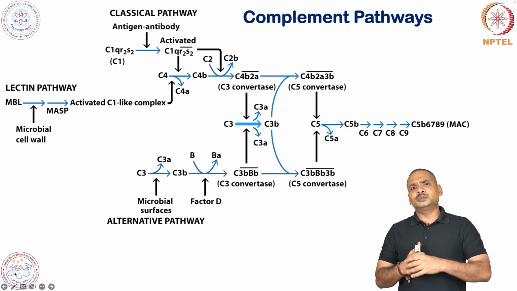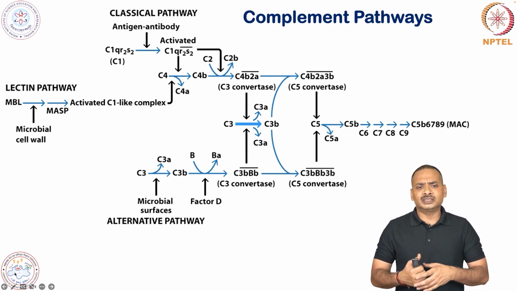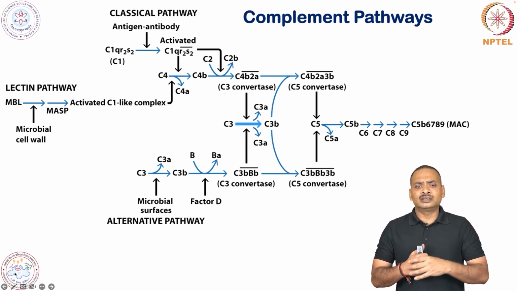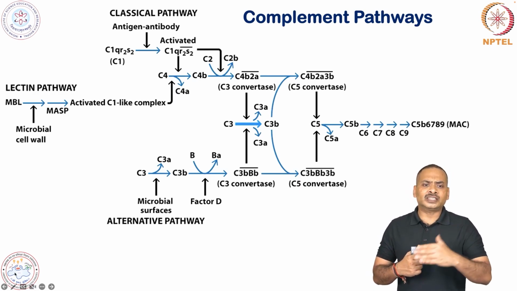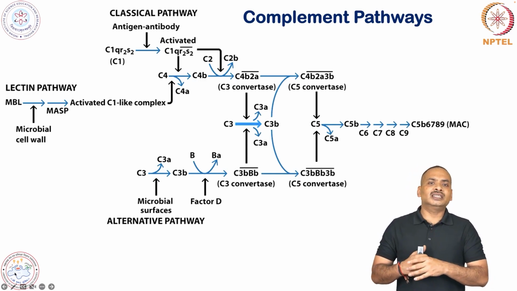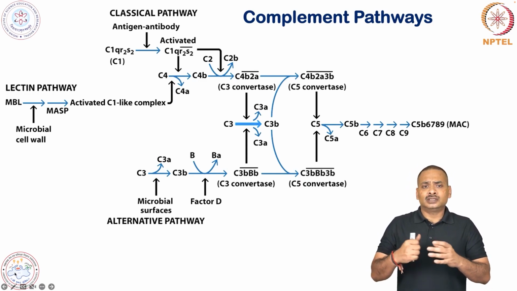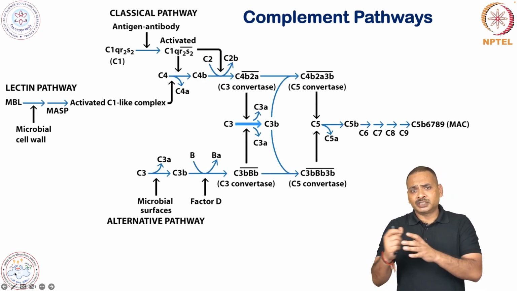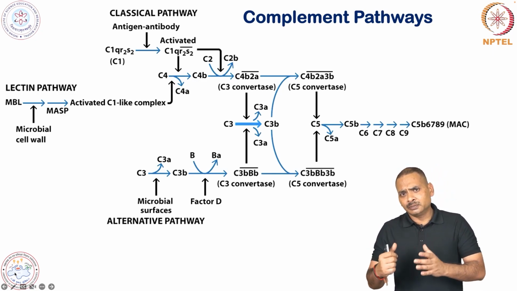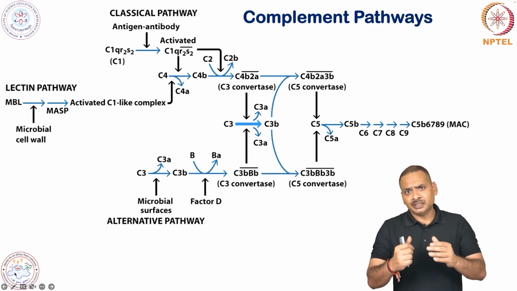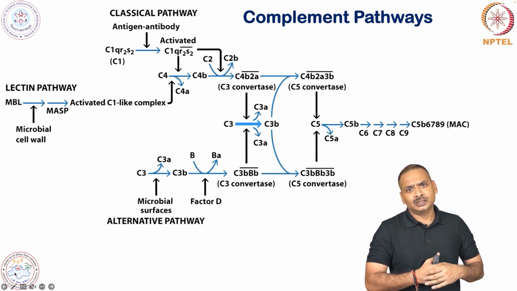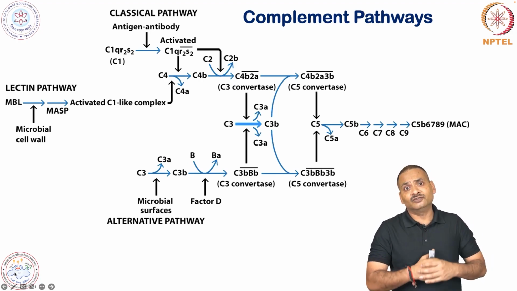This makes C3b, which then interacts with factor B. Factor B is cleaved, making Ba and Bb. The small fragment Ba is a kind of anaphylatoxin and induces inflammation.